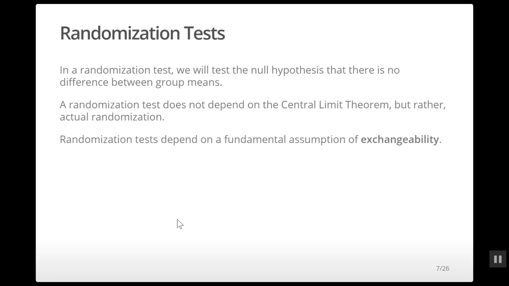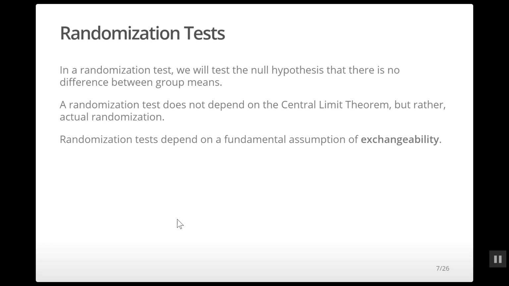The key difference here is that the randomization test does not depend on the central limit theorem, okay? Instead, it uses actual randomization. We're going to use the computer to be our source of randomization, and so this can be done computationally. And the key assumption for a randomization test is that the data exhibits this property of exchangeability.